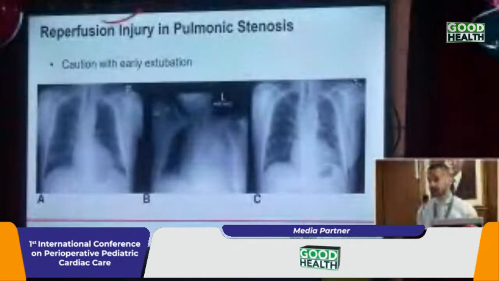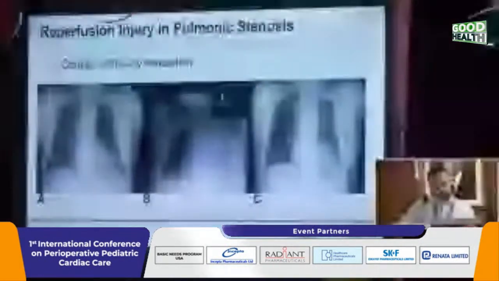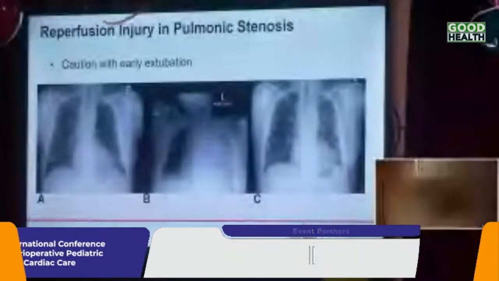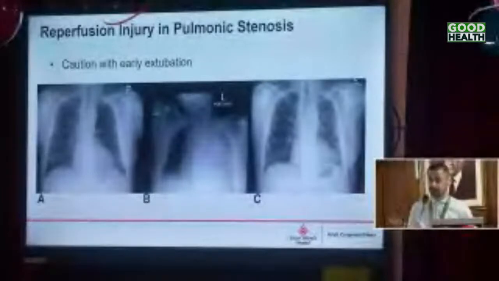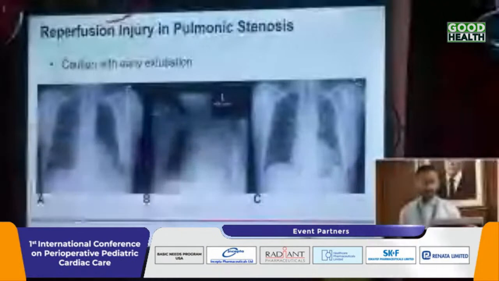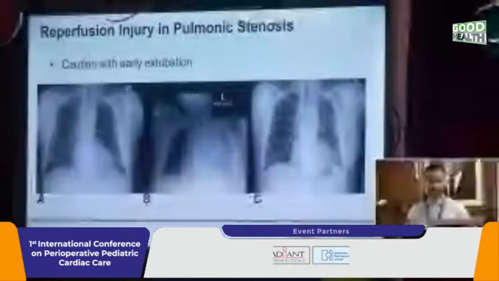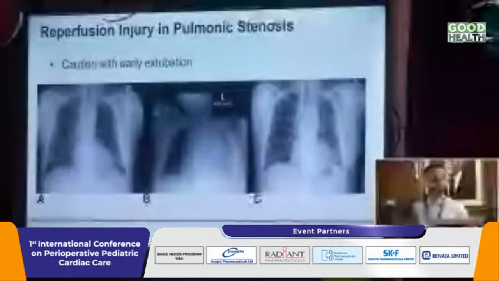Just having that pulmonary valve opened up, all of a sudden all the flow goes into this lung that is not used to seeing all that flow, and that triggers, unfortunately, a type of lateral ARDS. Then on the third x-ray, the patient recovers, the chest tubes are out, and the patient is ready to go home.